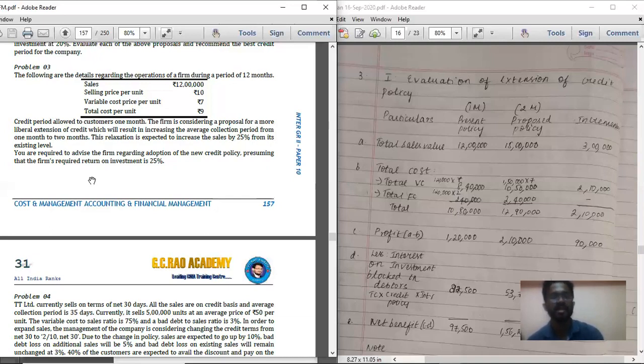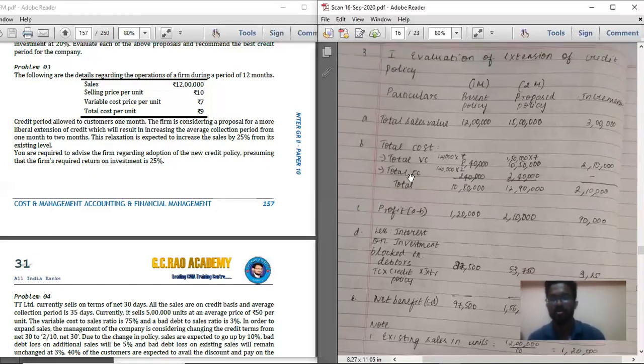You should add the interest cost expended as blocked on debtors for 2 months, and you should reduce the 1 month. Previously it was 1 month and now it is 2 months. So you should calculate what is the net benefit derived from the proposal and whether it is advisable to adopt the proposal or not. So this is a very small, easy sum.